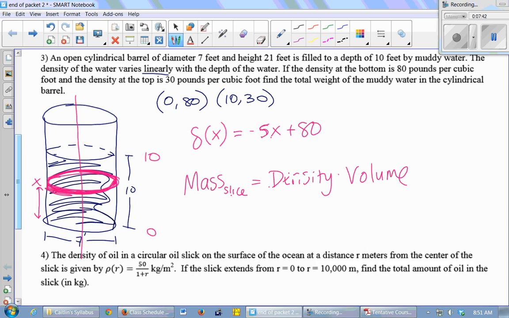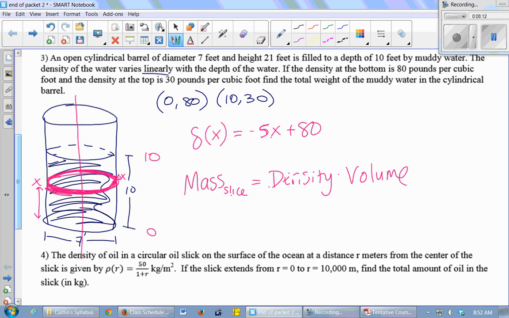And I'm going to make it so thin, it's going to have such thickness that delta x is so small that I can assume the density on the whole slice is practically uniform. It's basically the same because it's so thin. So I can get the density from my formula, and the volume, that's just a disk, and the volume of a disk is pi r squared delta x, right?